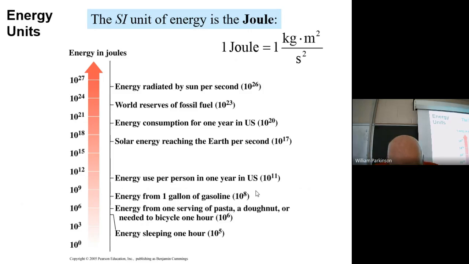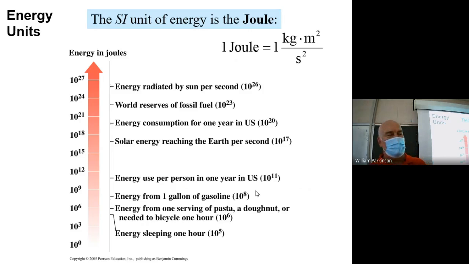So it says that the energy of sleeping for 1 hour is 10 to the 5th joules. Okay, that is 100,000 joules. So every hour that you sleep requires that your body use 100,000 joules of energy to beat your heart, pump your blood, regulate your temperature, push your lungs in and out, and so you can breathe.